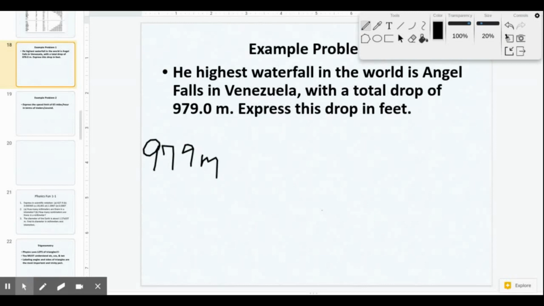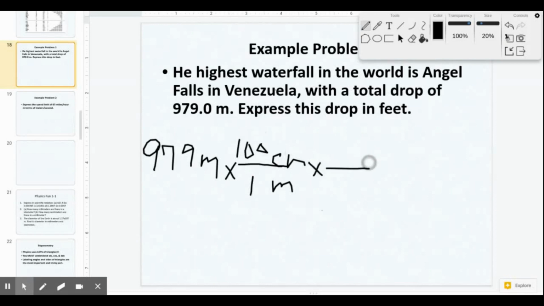Now, if we know our conversion straight from meters to feet, we could have a one-step problem. But let's say that we don't. So we're going to do meters on bottom, and let's do centimeters on top. And forgive my writing on this tablet. So in 1 meter, we have 100 centimeters.